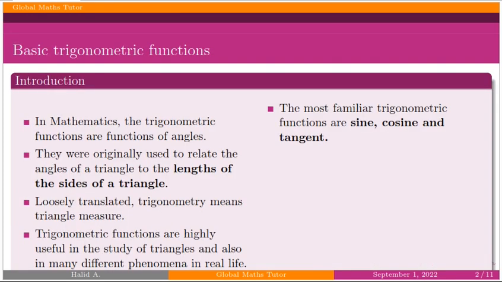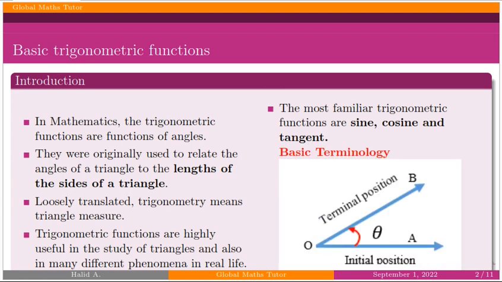As an introduction, trigonometric functions are simply functions of an angle, and we can loosely translate trigonometry as a measure of triangles. Let's see the basic terminology. In measuring an angle, the start of an angle is called the initial position, and the end position of an angle is called the terminal position.